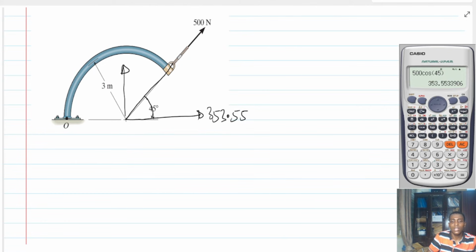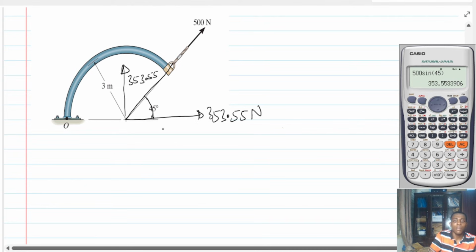And then the Y component is going to also be sine. So sine 45 is the same thing.